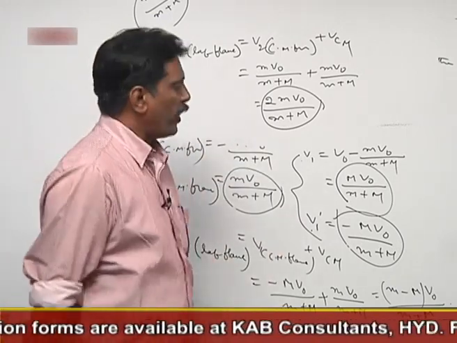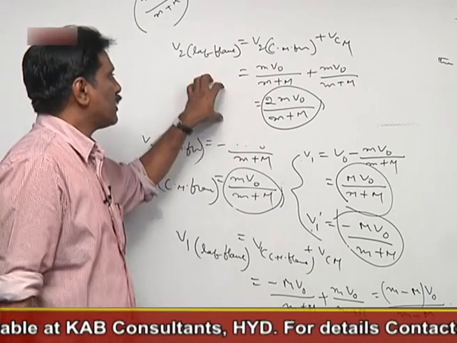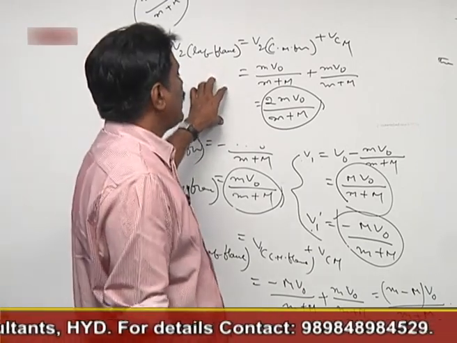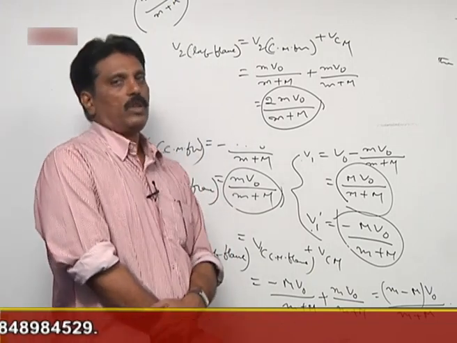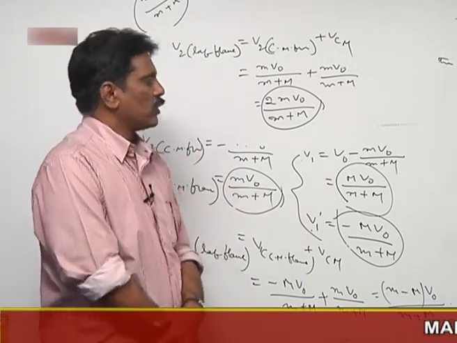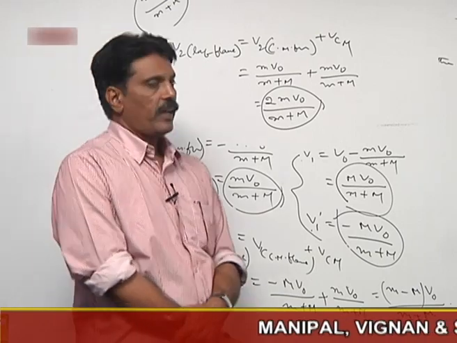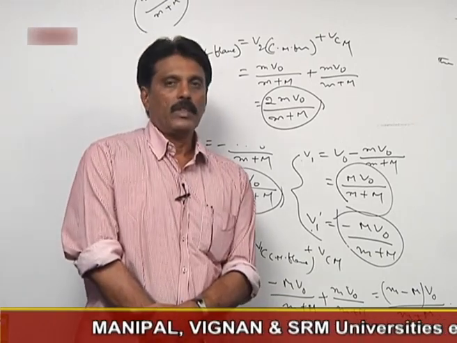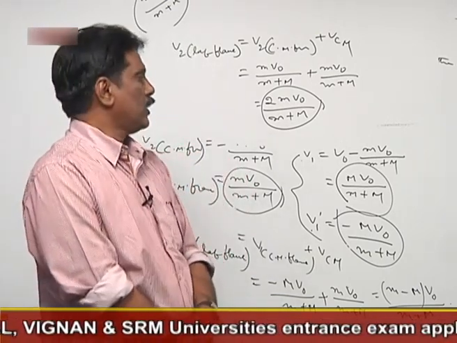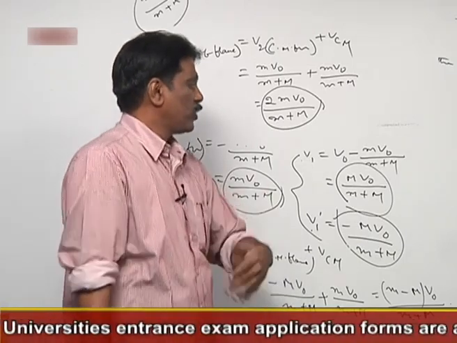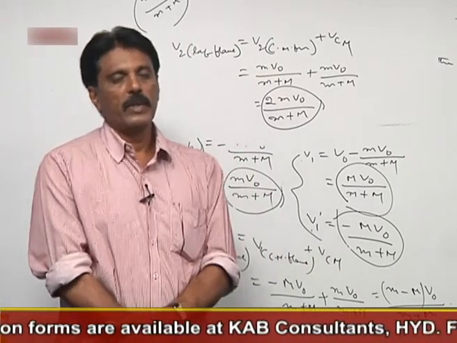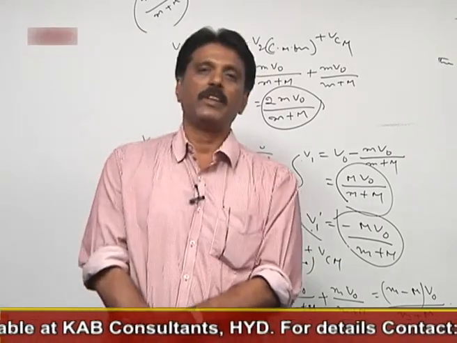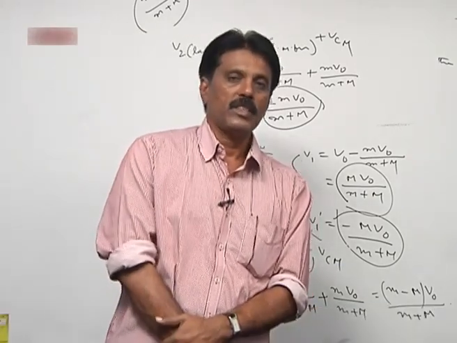So make sure that you understand this concept of applying the center of mass frame while solving problems relating to collision. Okay, let us conclude this chapter here. When we discuss rotational motion or some other chapter, we can again review these things, because these concepts are continuously required in rotational motion also.